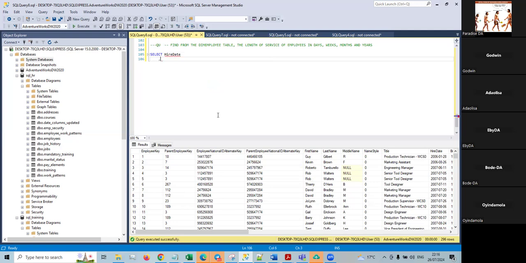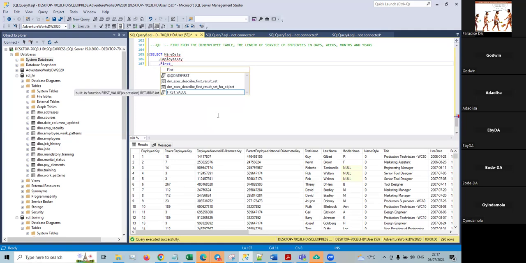We want the name of the employee, but we might also say we want the employee key to just identify each employee, because some people may have similar names. Employee key. Then we also need their first name. And we need their last name.